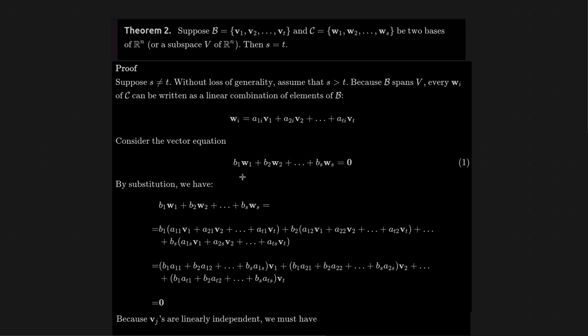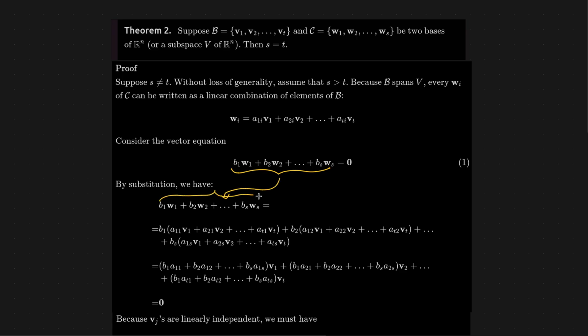Now, what we are going to do is look at the homogeneous equation with vectors w, which are the spanning set of basis C. They're the basis vectors in basis C, our second basis. We now have an expression of every vector w in terms of v, so we're going to plug that in for every vector here.